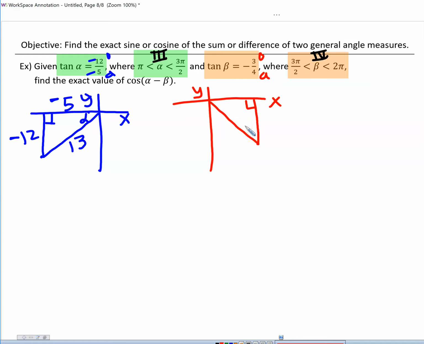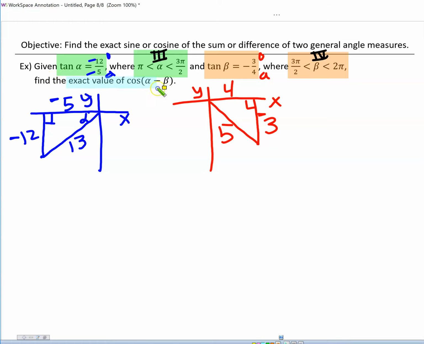So this is our side opposite, this is our side adjacent. We have to realize in quadrant 4, it's y that is negative. So the 3 has to be negative. And this is a 3, 4, 5 triangle. Hypotenuse has to be positive. So we have 3, 4, and our hypotenuse becomes 5.